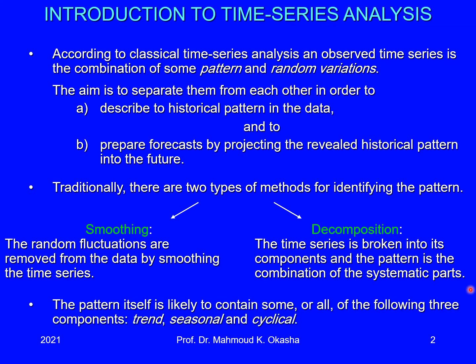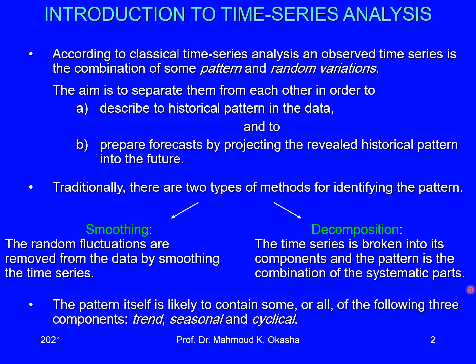So the pattern itself is likely to contain some or all of the components, which are usually the trend first, seasonal, and cyclical variations. So we have three components, and the fourth is the random fluctuation.